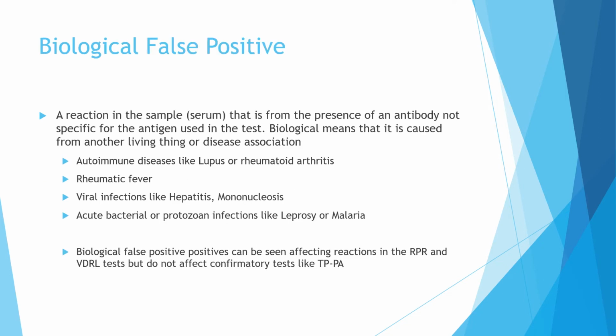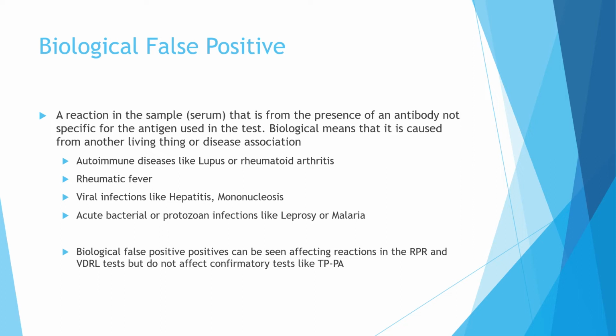Biological false positives are when you have a reaction in the serum on the screening test that is from the presence of an antibody not specific to the antigen used in the test. Biological, of course, means that it's caused from another living thing or disease association. So you can have biological false positives on your RPR test or your VDRL test due to such things as autoimmune diseases like systemic lupus erythematosus or rheumatoid arthritis.